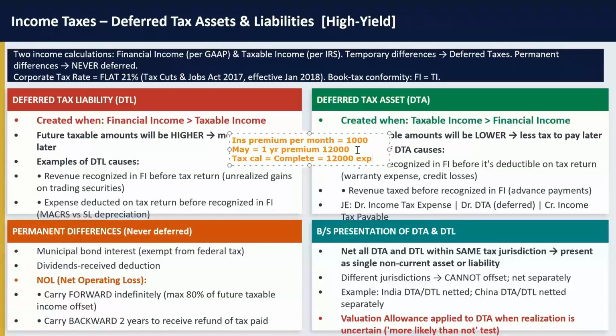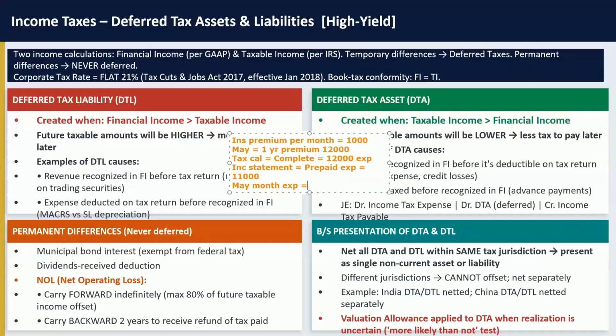Then what happens with your income statement? Here, the 12,000 completely you will not consider as expense. It becomes prepaid expense for you. Prepaid expense is your asset. So 11,000 will be in your prepaid expense account. Only 1,000, that is May month expense, you will take.